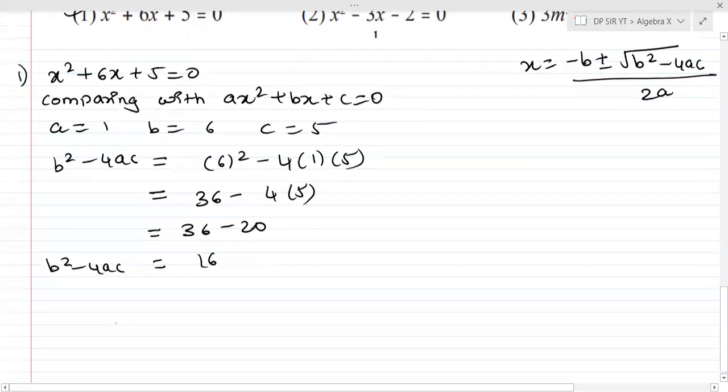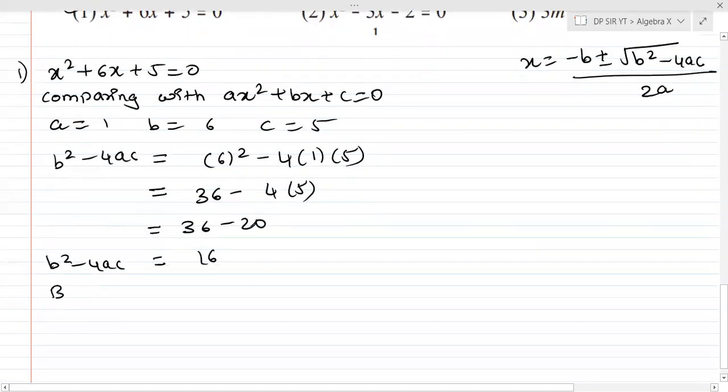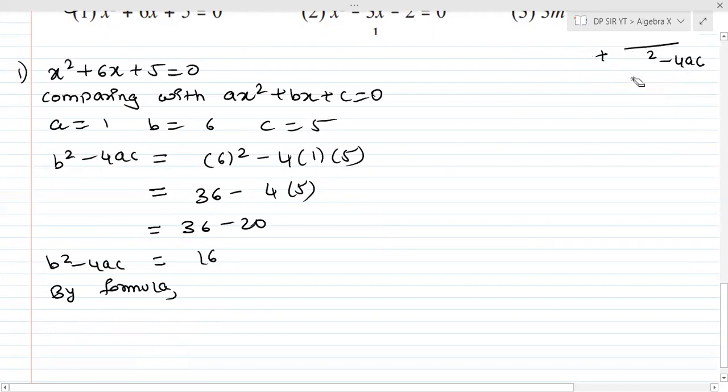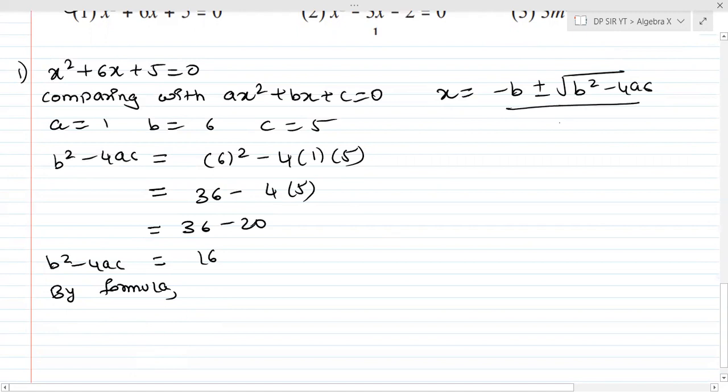Now you need to actually use the formula method. So by formula, x is equal to minus b plus or minus under root of b square minus 4ac upon 2a. Don't forget this 2a, this is a very very important step.